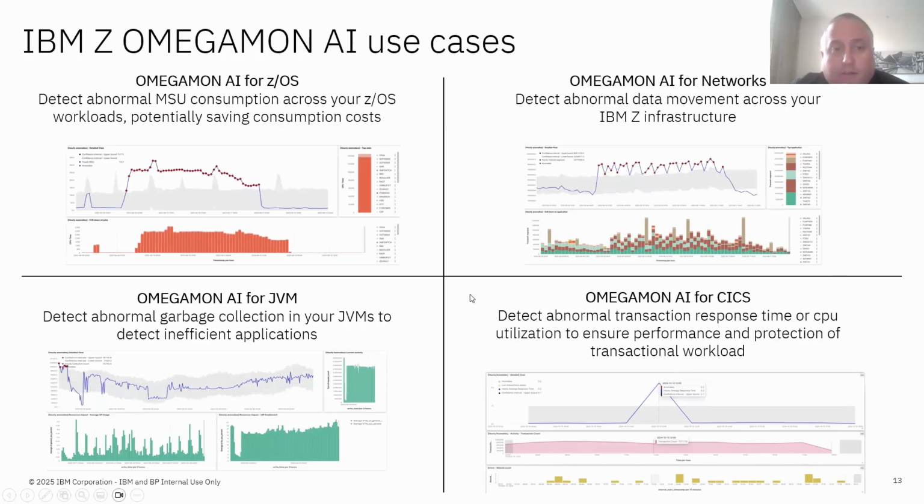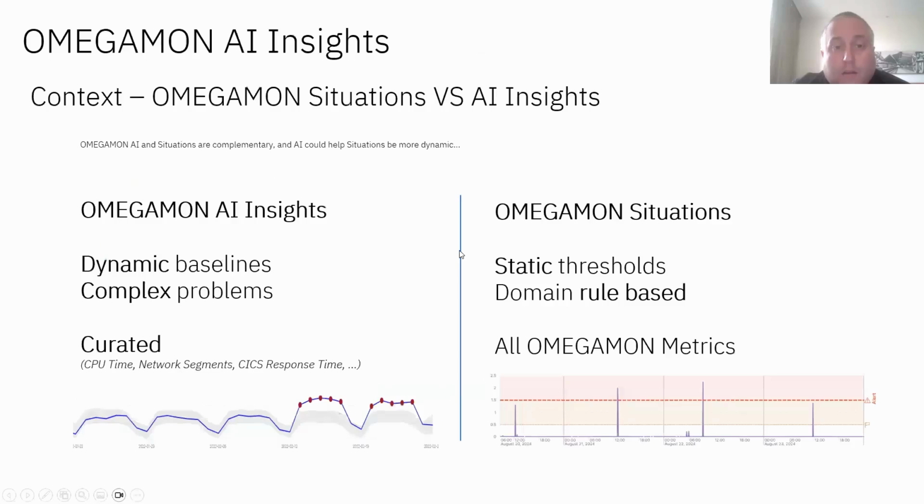So a lot of different use cases that I covered a bit more in the last session on how we're using machine learning across the OMEGAMONs. Again, this really does go hand in hand with the situations that we have.